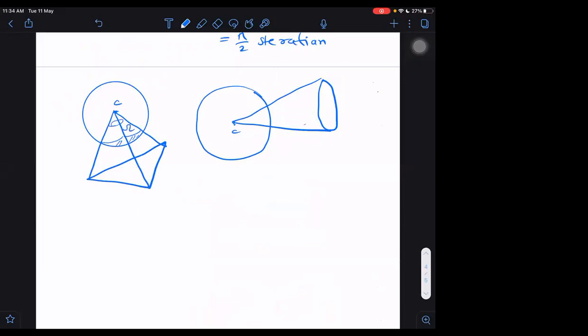How to determine that solid angle? If somebody gives me the area, then I can simply say: area of the part of the sphere lying inside that shape divided by r square.